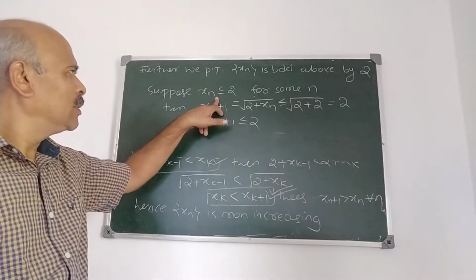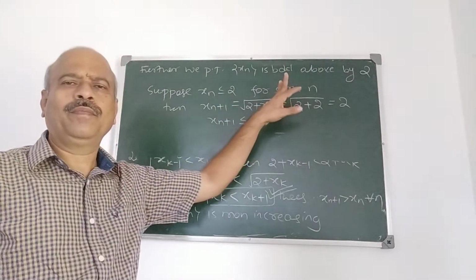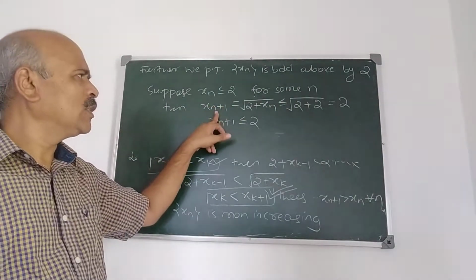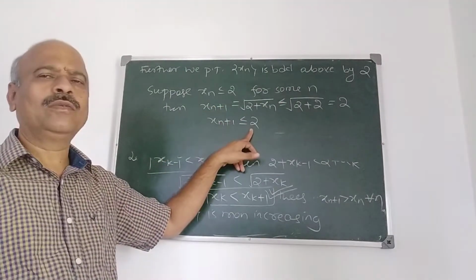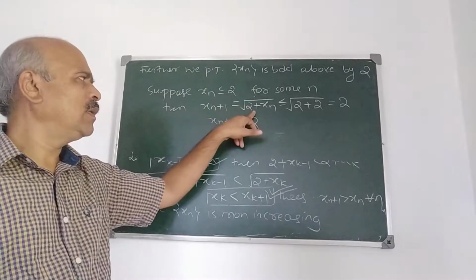Understand? Suppose xn is less than or equal to 2 for some n, maybe n is 1, 2, 3, any n, then xn+1 is also less than or equal to 2. See here, using the definition, what is xn+1?